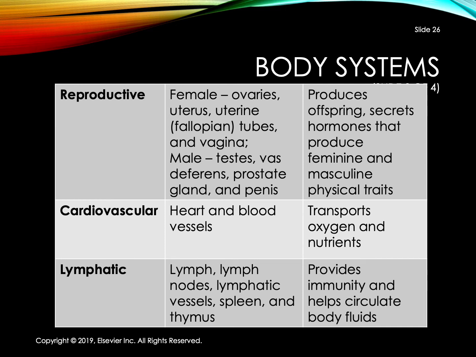Now, the lymphatic system kind of works hand in hand with the cardiovascular system, but it also is what provides our immunity. And a lot of the fluid from our blood that gets deposited into the tissues gets picked up by the lymphatic system and dropped back off into the circulatory system for recirculation. So the lymphatic system consists of something called lymph, which is that clear fluid that I just spoke about.